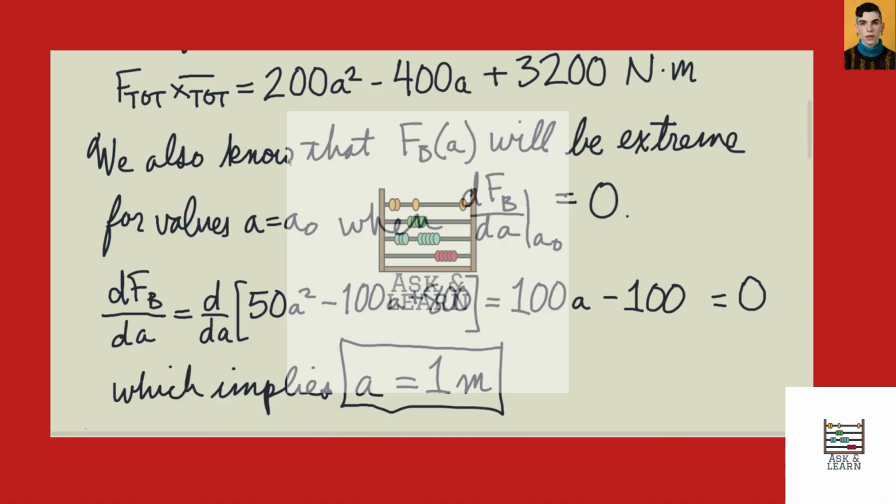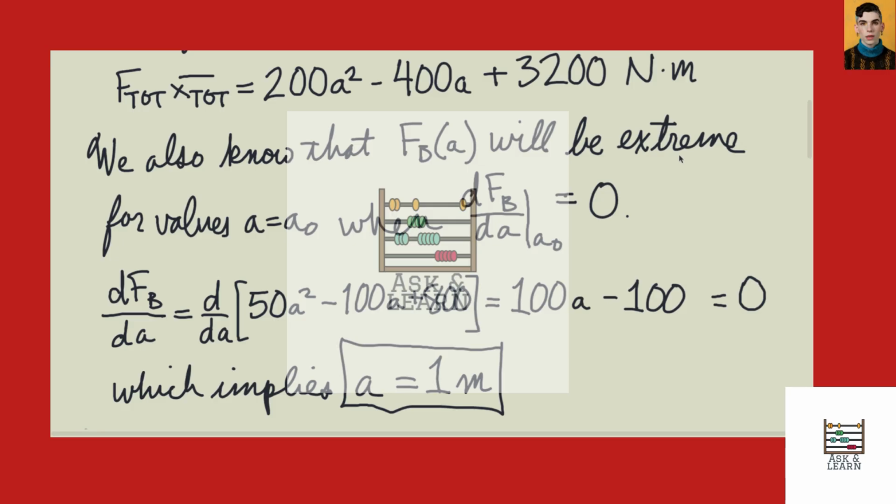We also note that for the reaction force to be a minimum, the derivative of this reaction force as a function of A will have to equal 0 at such a location. And this only guarantees an extreme value. It could be a maximum or a minimum.